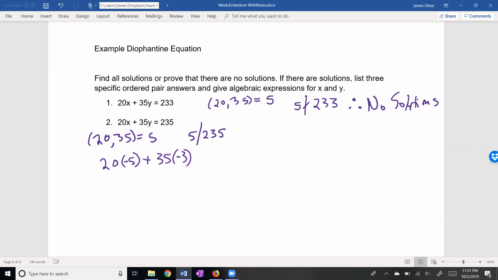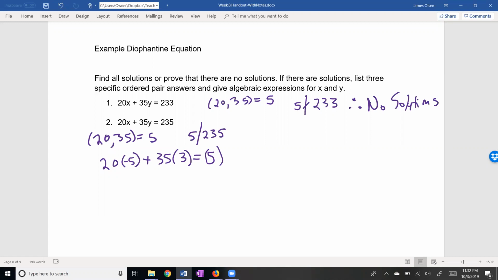I want a negative 5 to get negative 100 and a positive 3 to give 105. And this gives me 5. We don't have a solution yet for the Diophantine equation. I need to multiply through by whatever it takes to get 235. So I'm going to take 235 divided by 5.